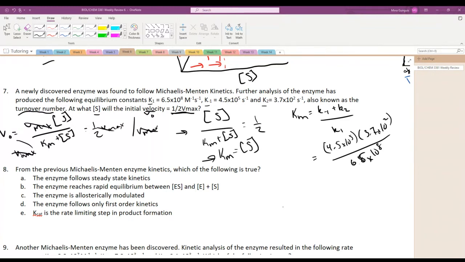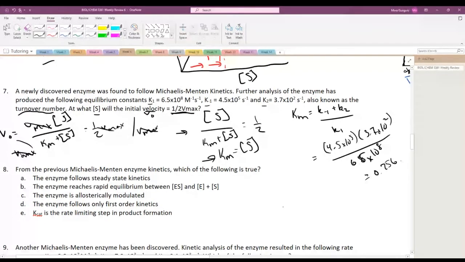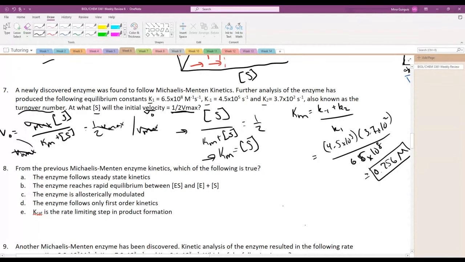I think my calculation is wrong. This doesn't make sense. Give me 1 second. You end up getting 0.256. Okay, 0.256. This is the concentration, so molar, at which initial velocity is 1/2 of the maximum velocity.